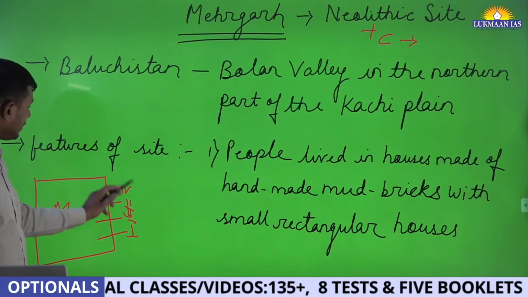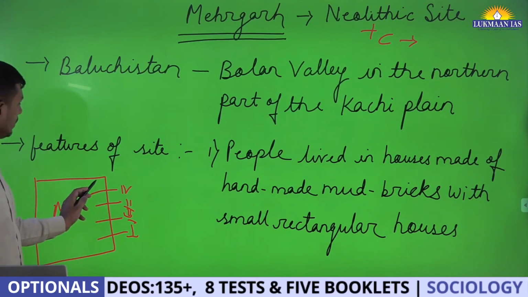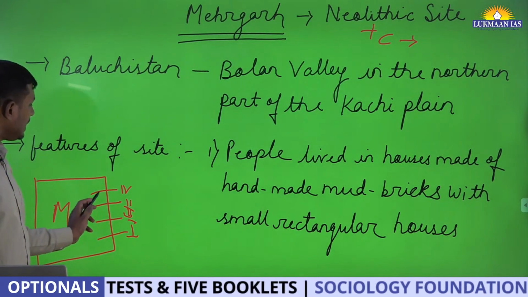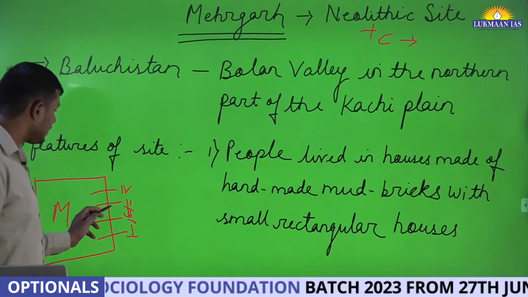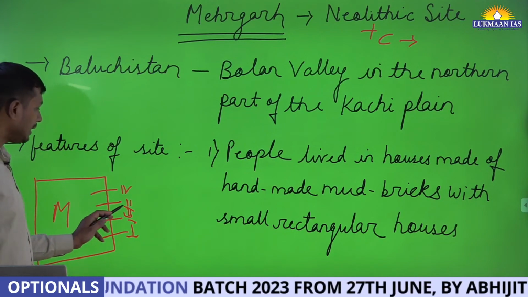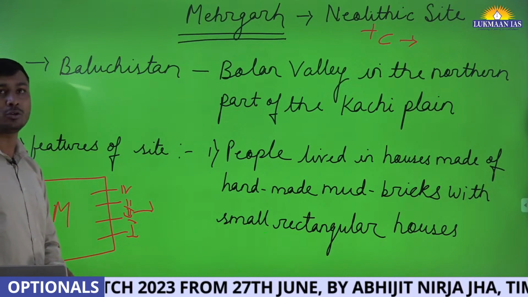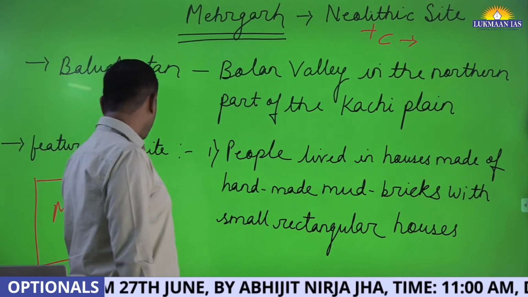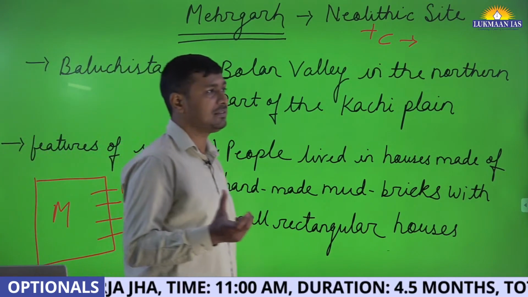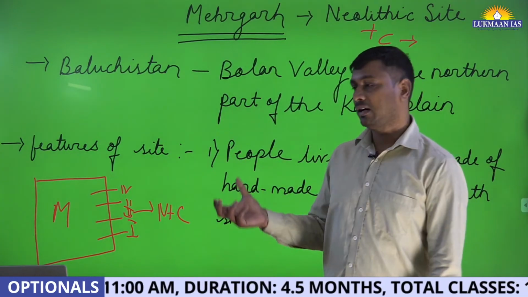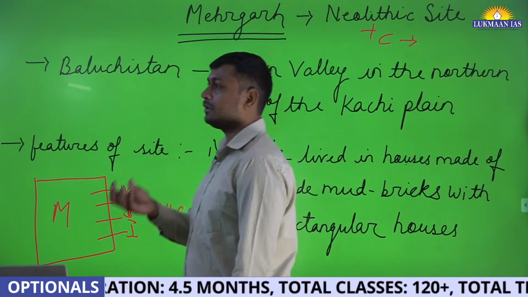Sometimes 2 or 3 ages overlap at one particular site, and this is what we find in Mehrgarh, which gives an example of both the Neolithic and the Chalcolithic.